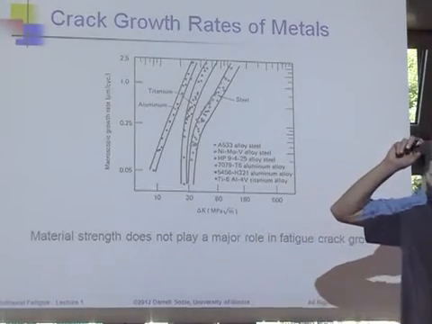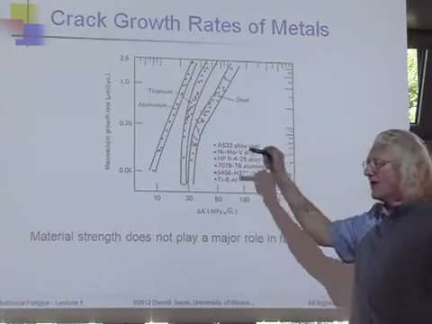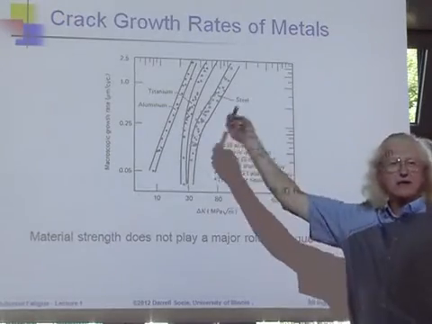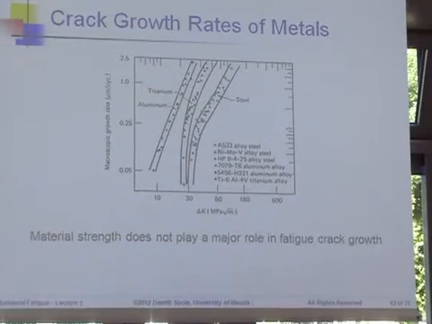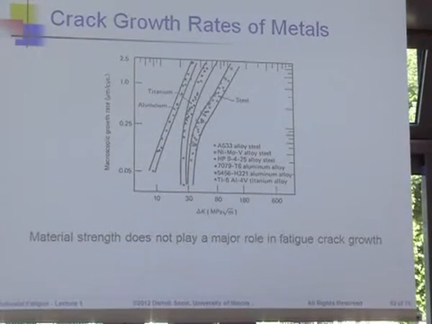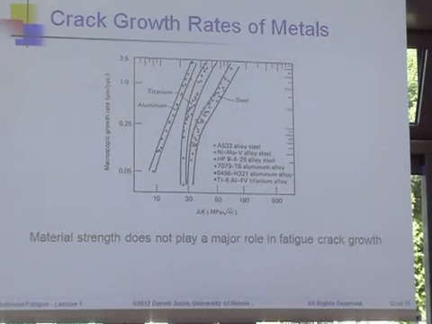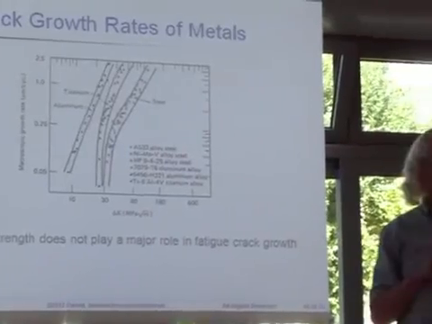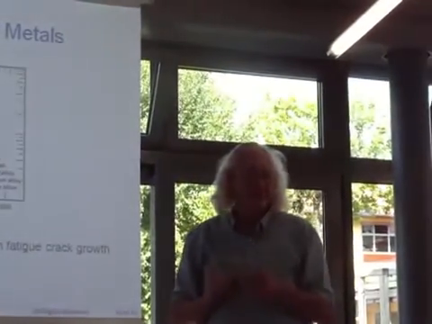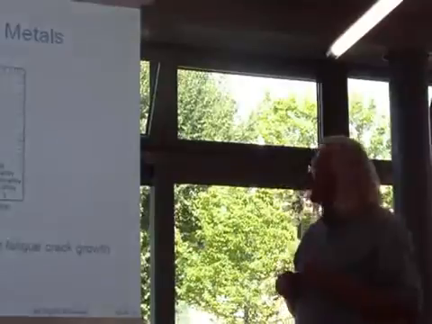If you want to show aluminum as a better material, then you have to normalize this by either the weight or the modulus, and then it makes aluminum and steel look comparable. But in terms of absolute growth rate, things grow 10 times faster in aluminum than in steel. By the way, that's a big problem for the auto companies. You can't substitute aluminum for a steel design. That could be a disaster.